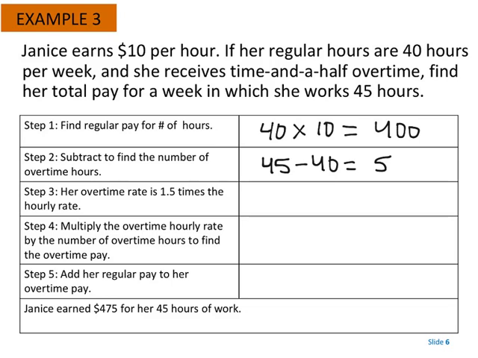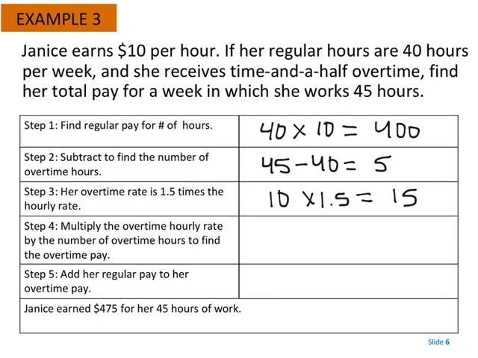Now, her overtime rate is 1.5 times the hourly rate. So we have her hourly rate, which is 10, and we are going to multiply that by 1.5 because this is how much she'll be making in overtime. So she's now going to be making $15 on her overtime hours.